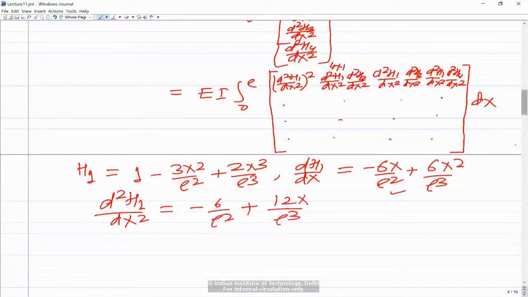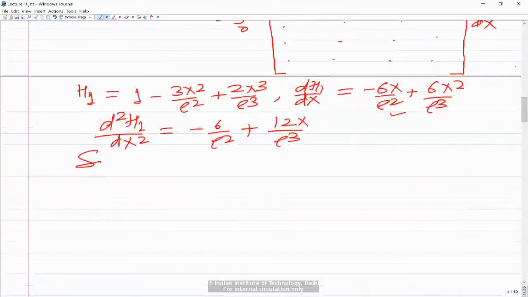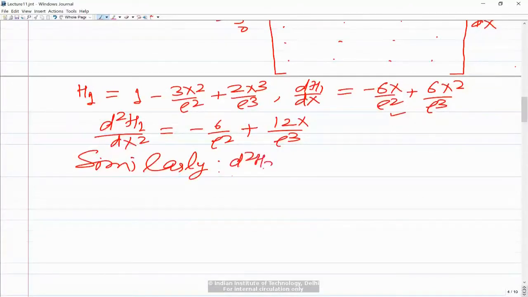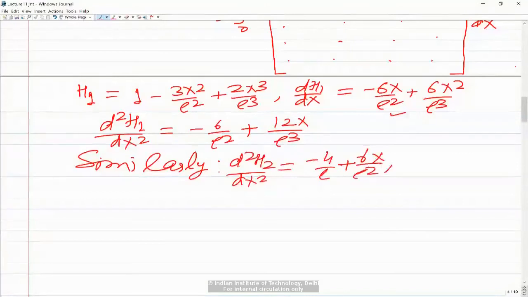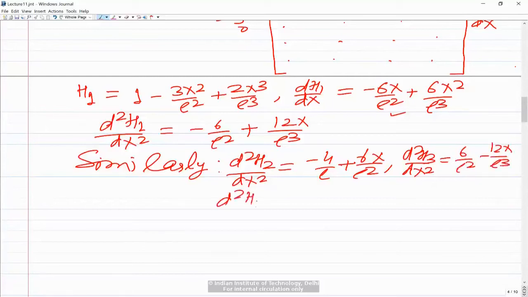So similarly you have H2, H3 and H4. If you differentiate twice, you can get the other derivatives. So similarly d2h2 by dx square will be equal to minus 4 upon L plus 6x upon L square, and d2h3 by dx square will be 6 by L square minus 12x by L cube, and d2h4 by dx square comes out as minus 2 upon L plus 6x upon L square.